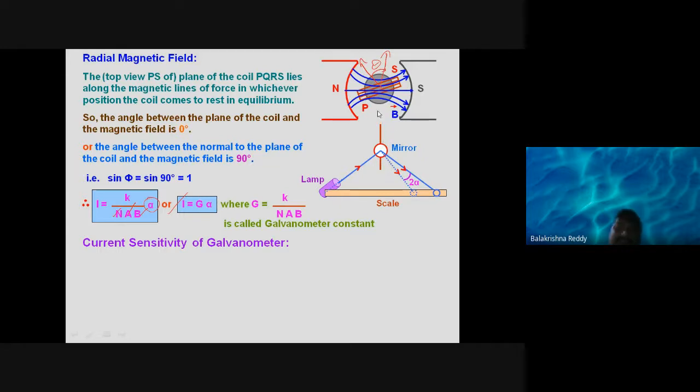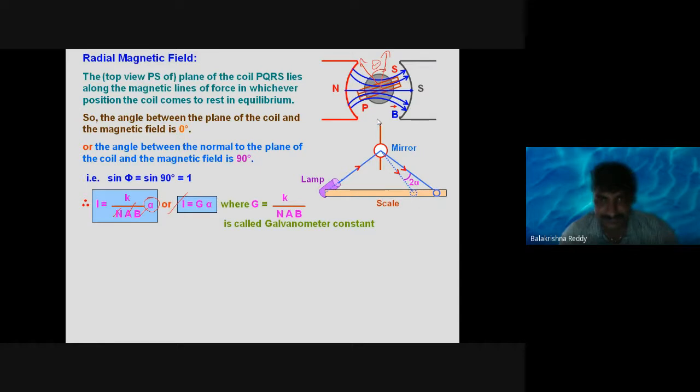This is a mirror just attached to understand how much it is deflecting. Okay. Now this is the basic concept of the galvanometer. Galvanometer always depends on the motor concept while it is deflecting. Instead of all this, the major effect comes due to the torque. Restoring torque, nothing but the torque which is acting opposite, torsional torque we say.